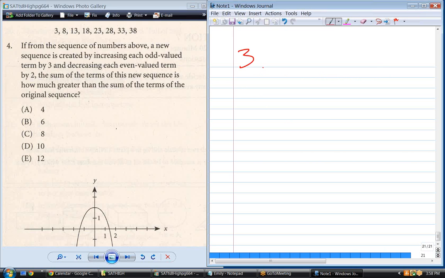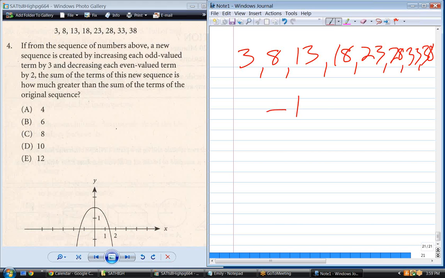So if there's 8, so it'd be minus 12 plus 8, oh, never mind, it'd be plus 12 minus 8, so it'd be 4.